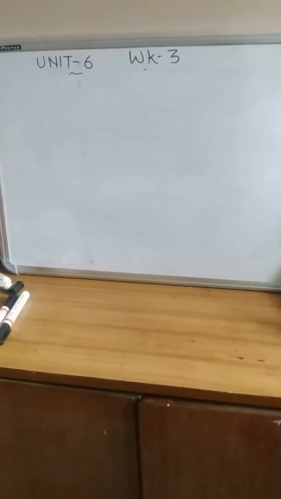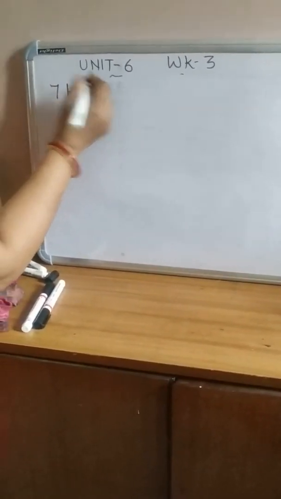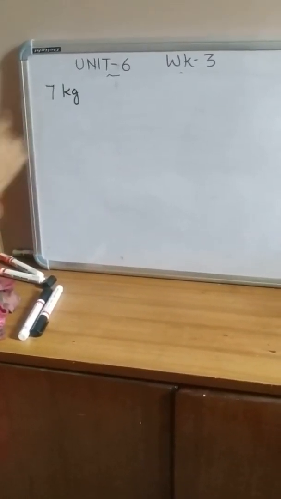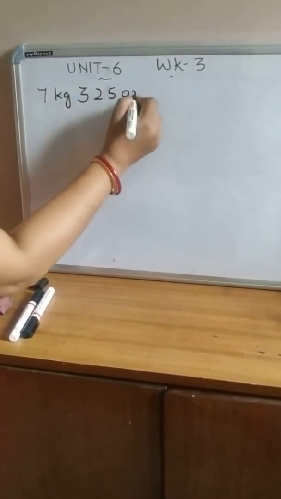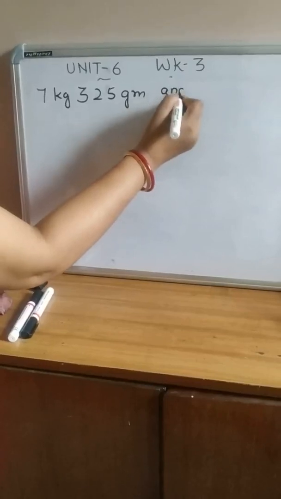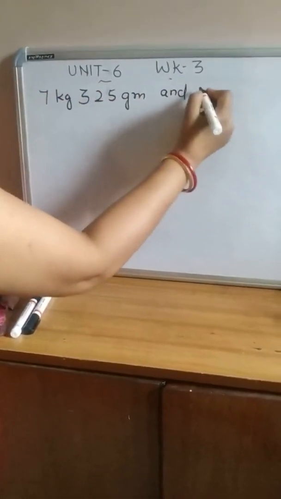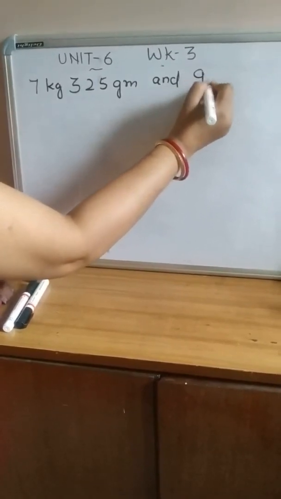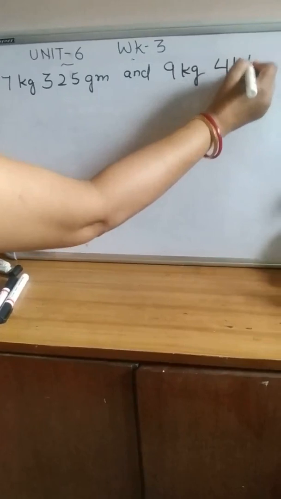Now, example. 7 kilogram 325 grams, and we have to add 9 kilogram 414 gram.